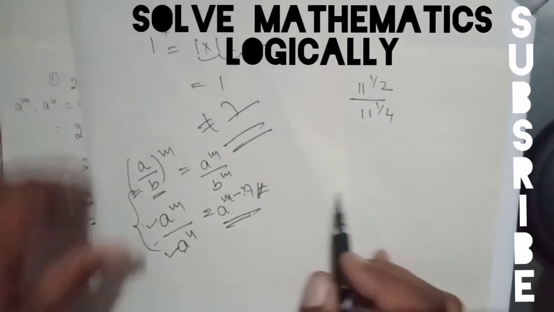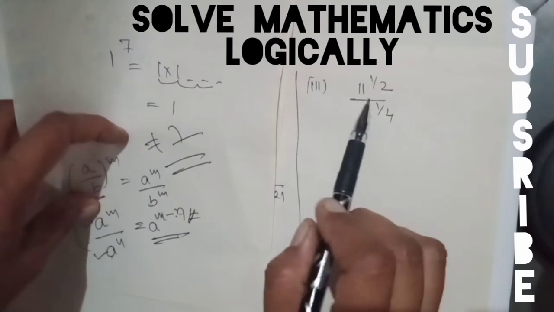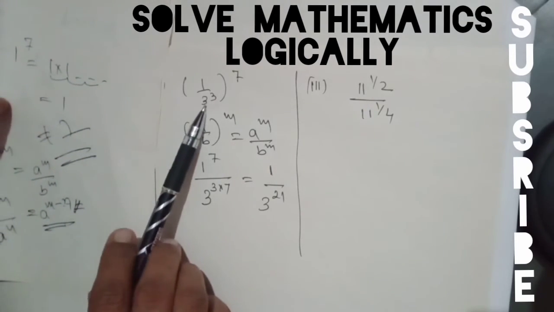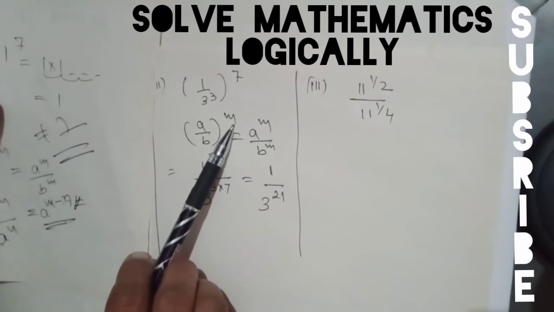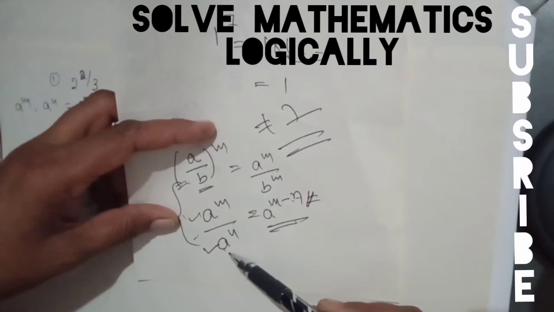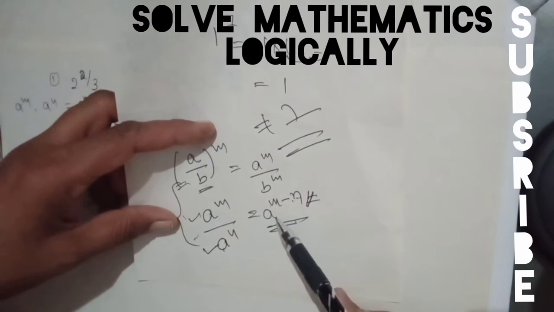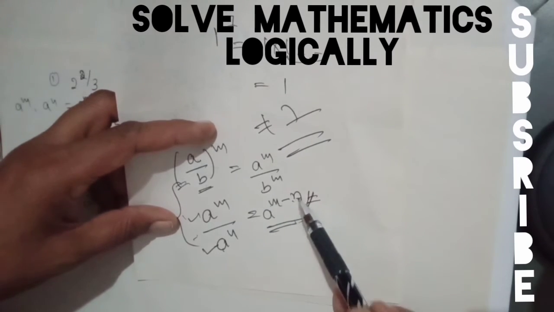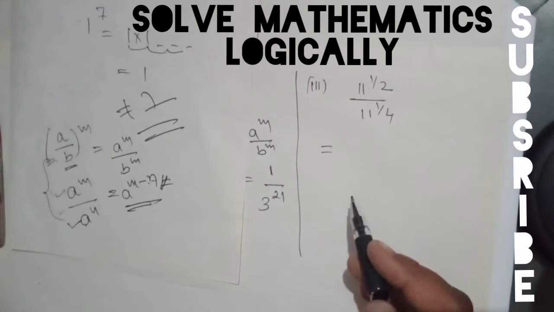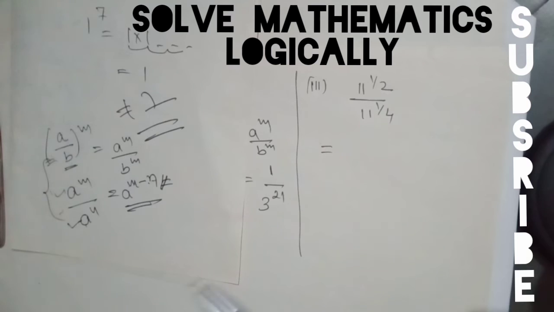So here what are we using? See the bases. What is the base here? 11 and 11. Here the bases are different, 1 and 3. Now it is a raised to m upon a raised to n. In this case, you are writing a raised to m minus n. For this type of question, I am solving even R.D. Sharma book problems, which will help you in understanding this.